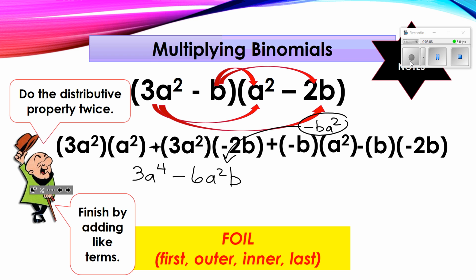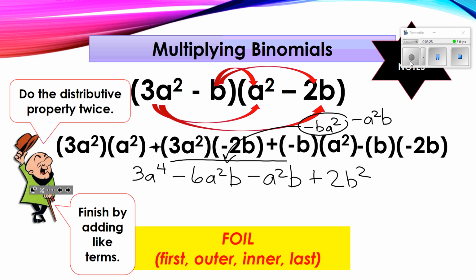So if you always write them in alphabetical order, so instead of writing negative b a squared, if we write negative a squared b, you would be more likely to recognize these two as like terms. So we're going to write that as negative a squared b. And then two negatives make a positive 2b squared.